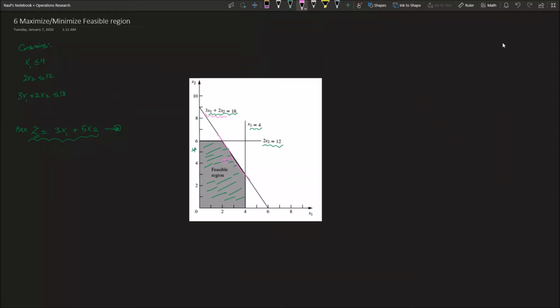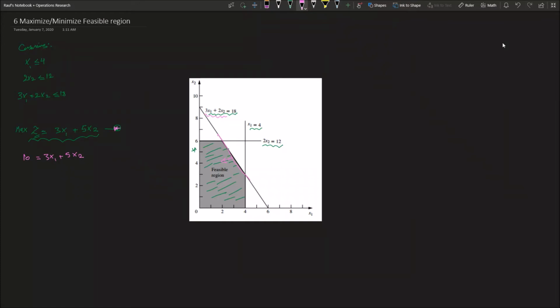But in this case, we have z equal to 3x1 plus 5x2. Now let's say the value of z is 10. So 10 equals 3x1 plus 5x2. How does that work?